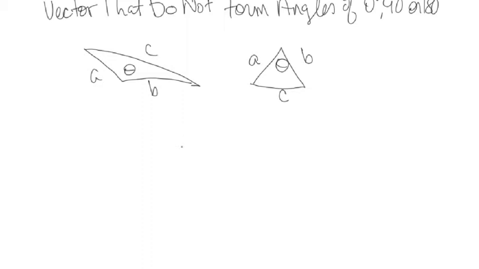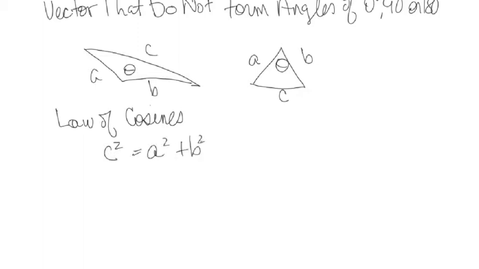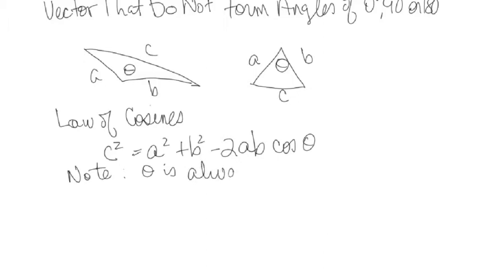And in solving these problems, we're going to use the law of cosines. The law of cosines is c squared equals a squared plus b squared minus 2ab cosine theta. And note, theta is always opposite c.